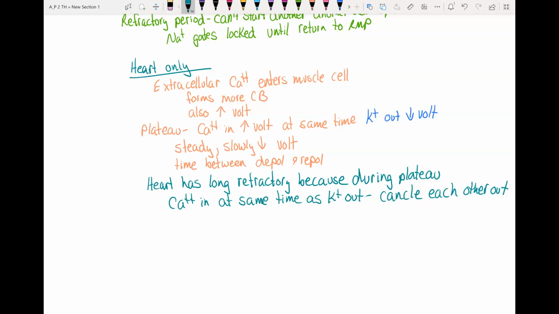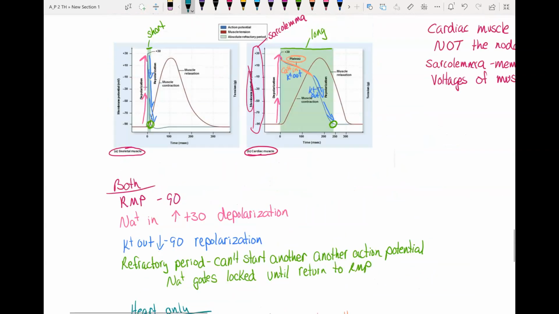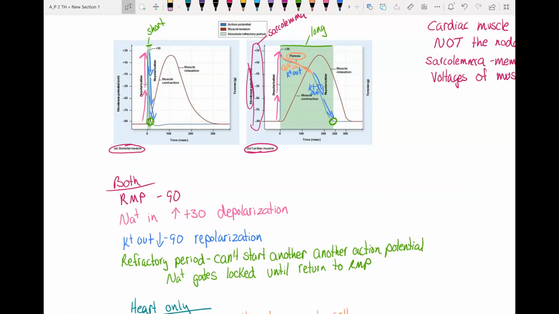Then refractory ends when the calcium gates close. So then the calcium gates close and you are left with just potassium going out, and that is when you repolarize. And when you repolarize, refractory ends.